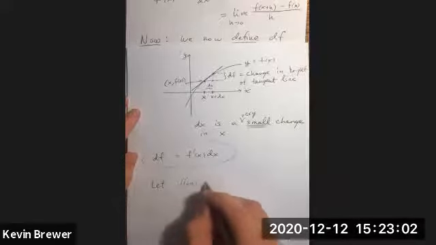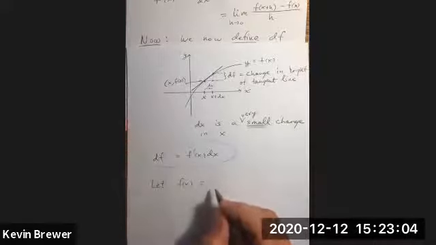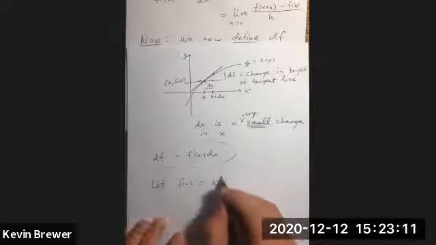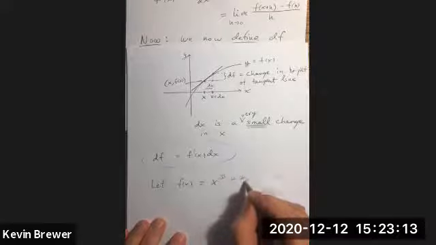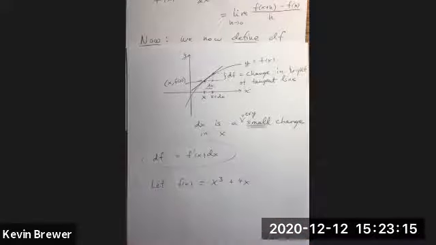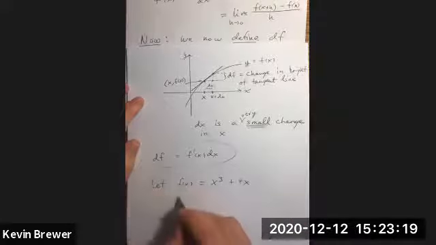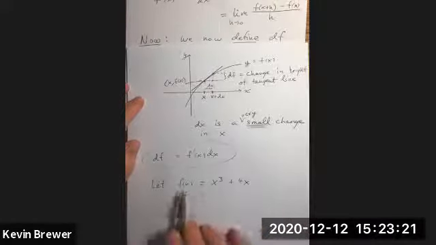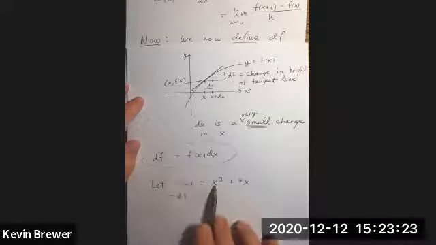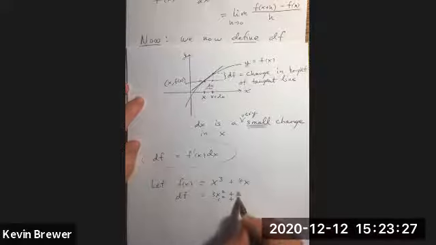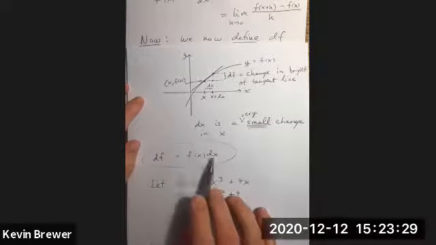Let f of x be x cubed plus 4x. df is equal to f prime of x, so that's 3x squared plus 4 times dx.